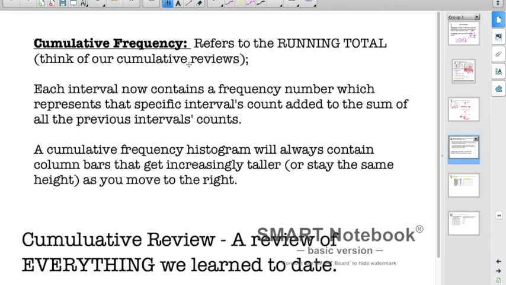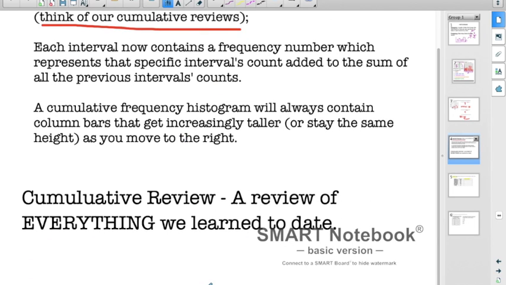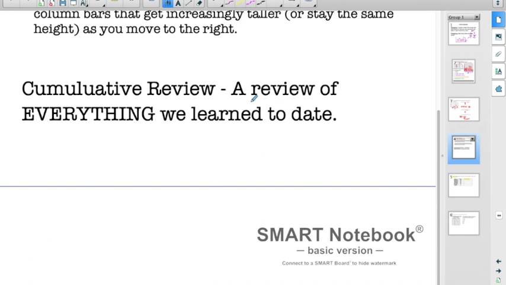And all that means, think of cumulative frequency as our cumulative reviews, right? It refers to the running total. Whenever in class we would do our cumulative reviews, our weekly reviews, it was a review of everything we learned to date from previous units, okay?